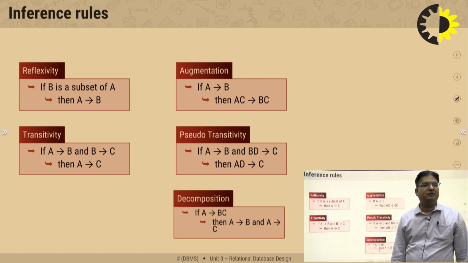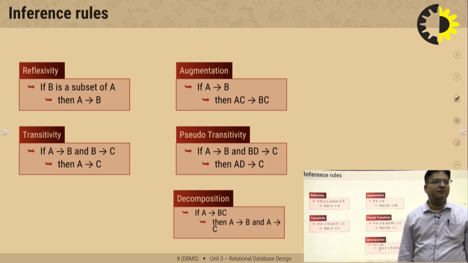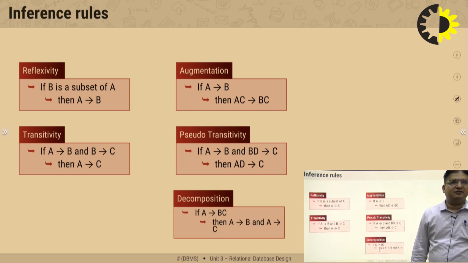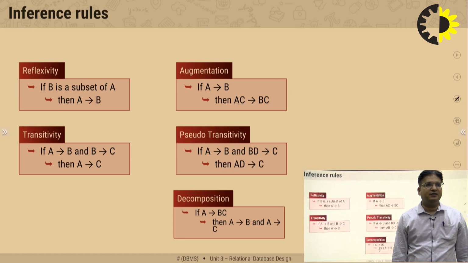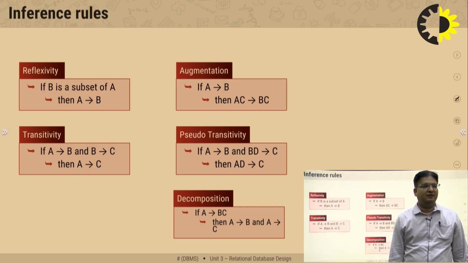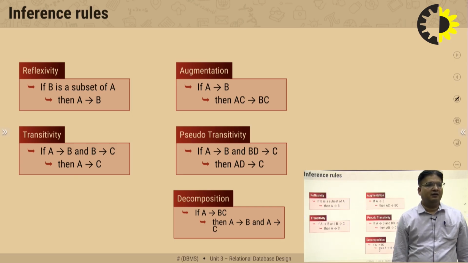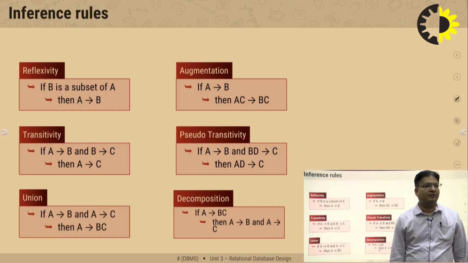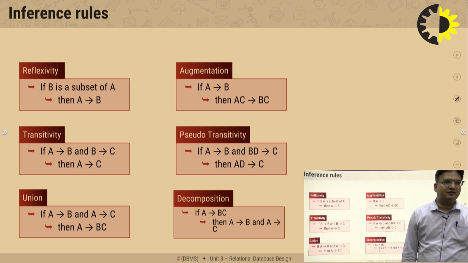Now the fifth one is the decomposition rule, which states that if A determines BC, then we can say that A determines B and A determines C. That is, the RHS has been decomposed. And the last is the union rule, which states that if A determines B and A determines C, then we can say that A determines BC.